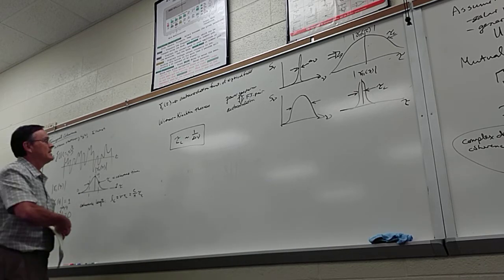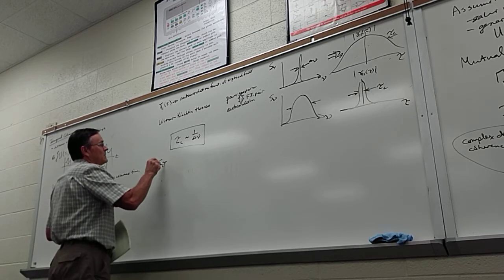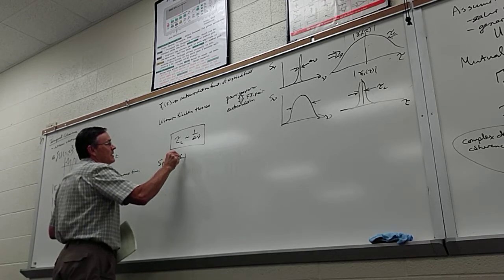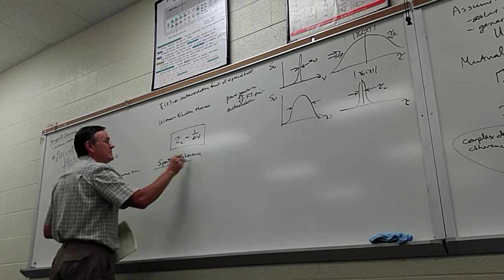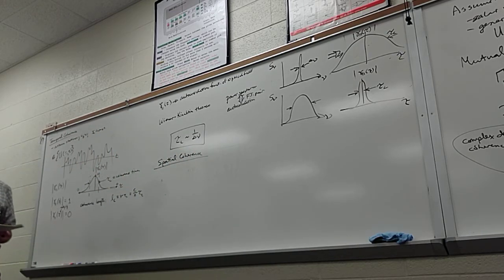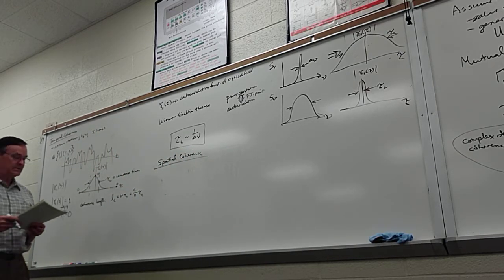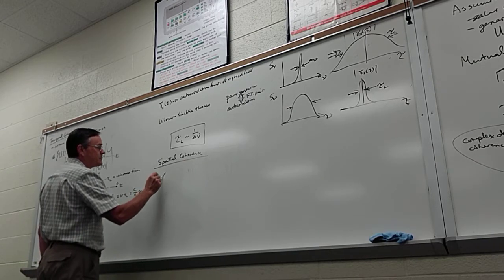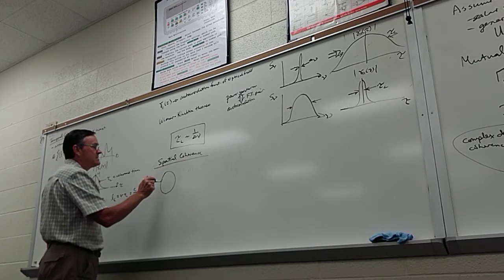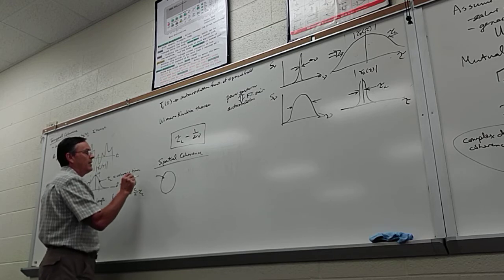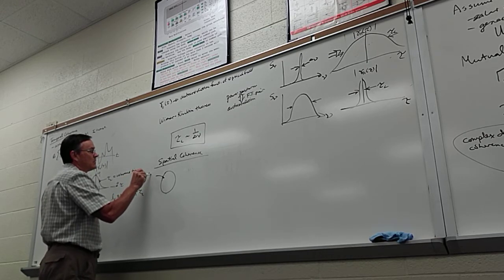Now, let's do the same for spatial coherence. And again, we're going to find it's so simple. So, spatial coherence. Let's say that I have some set of sources here that are incoherent point sources.